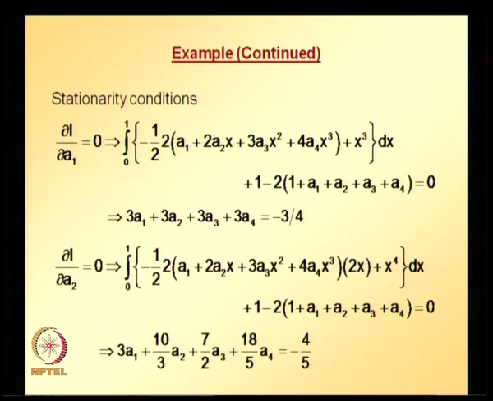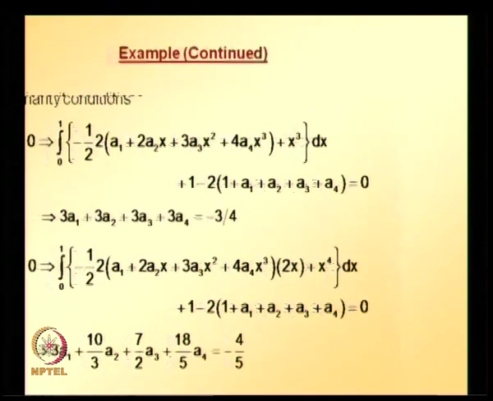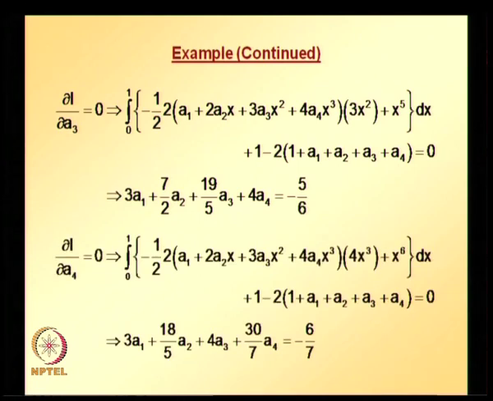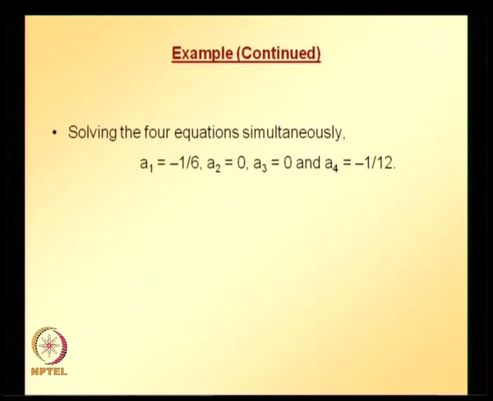Partial derivative of I with respect to a2 is equal to 0, you get the other equation, and similarly you get 2 more equations, because we require in total 4 equations to solve for these 4 unknown coefficients. Third equation, fourth equation, and you can solve the 4 equations simultaneously to get a1, a2, a3, a4.